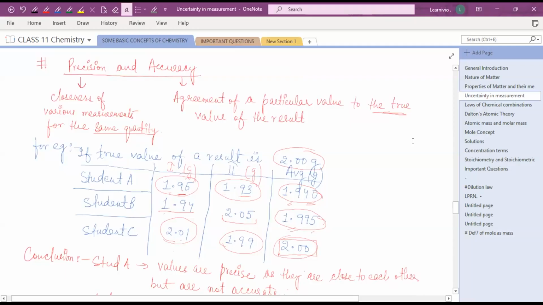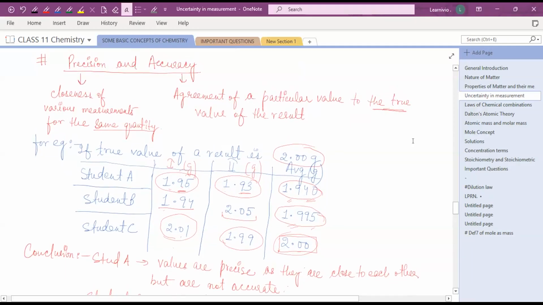Precision and accuracy, right? So precision, as I told you, is the closeness of various measurements for the same quantity. And accuracy is the agreement of the particular value to the true value.